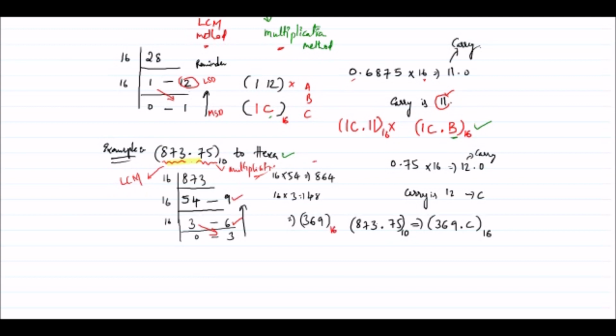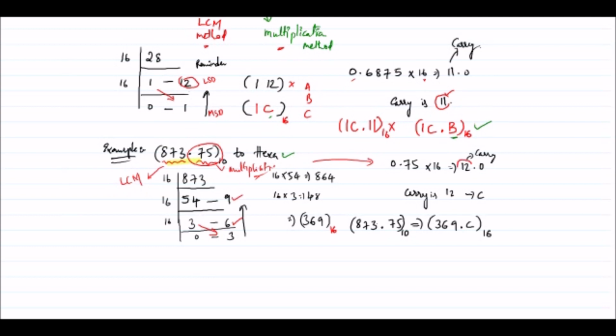Now I am converting 0.75 into hexa. 0.75 into 16 is equal to 12.0.